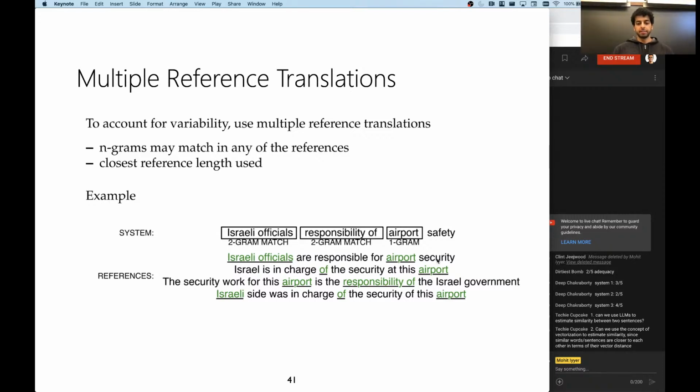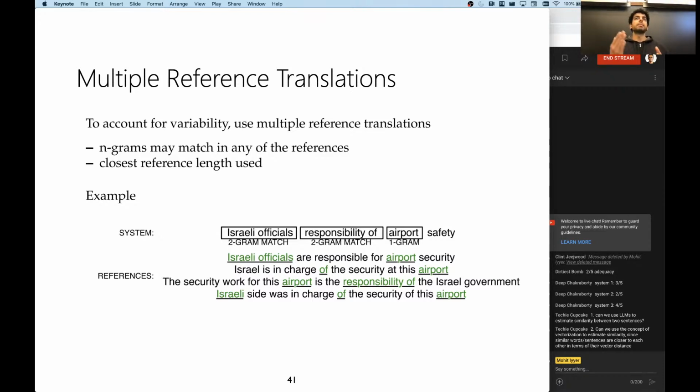Israeli officials are responsible for airport security. Israel is in charge of the security of this airport, and so on. So maybe 4 different translators have translated this sentence, and if I have multiple translations, ideally I would use all of those in my evaluation, not just a single candidate.